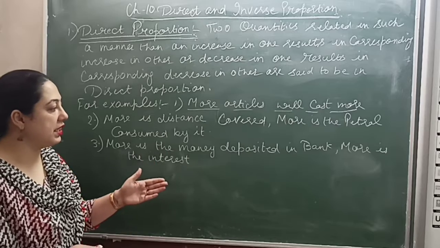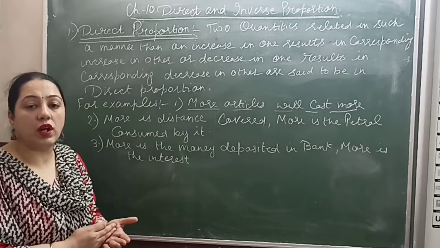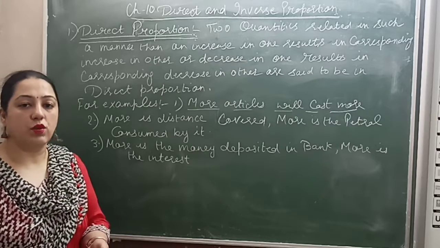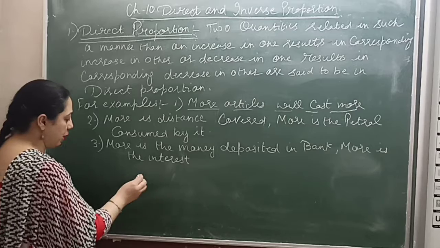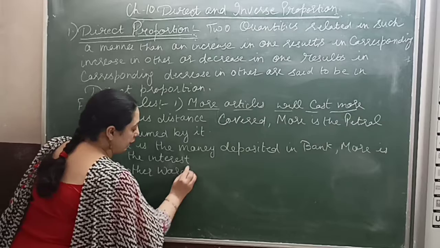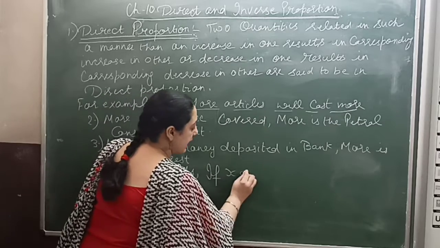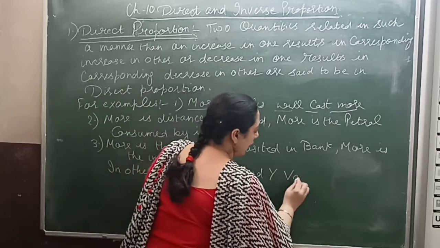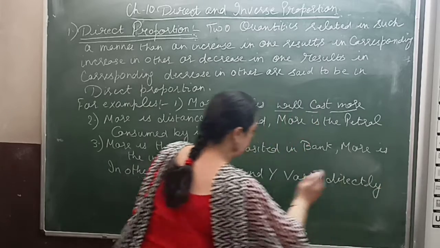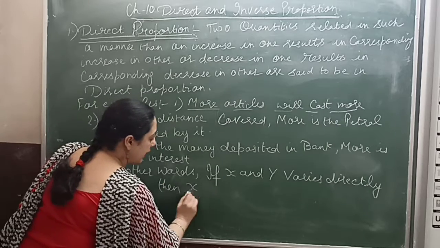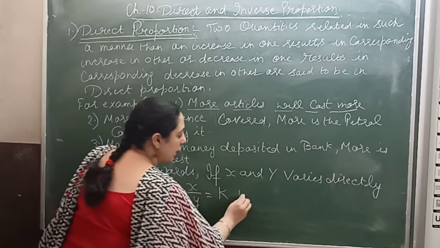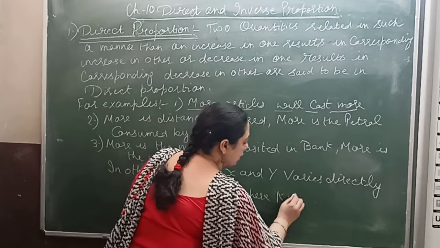So this type of variation, in which a change in one quantity gives us a change in another quantity, is direct proportion. In other words, if x and y vary directly, then the ratio x over y is equal to k, where k is a positive constant.